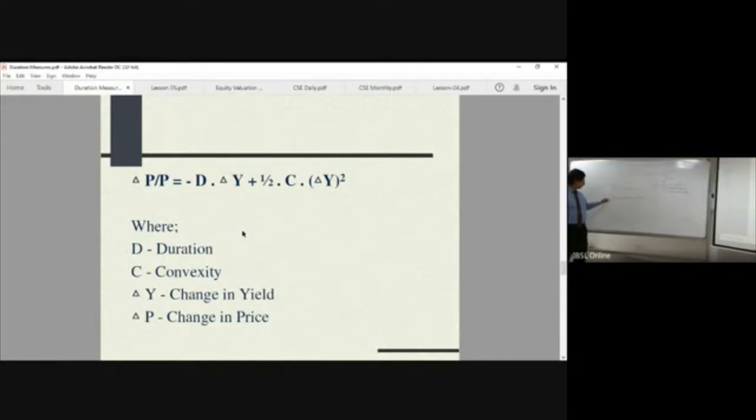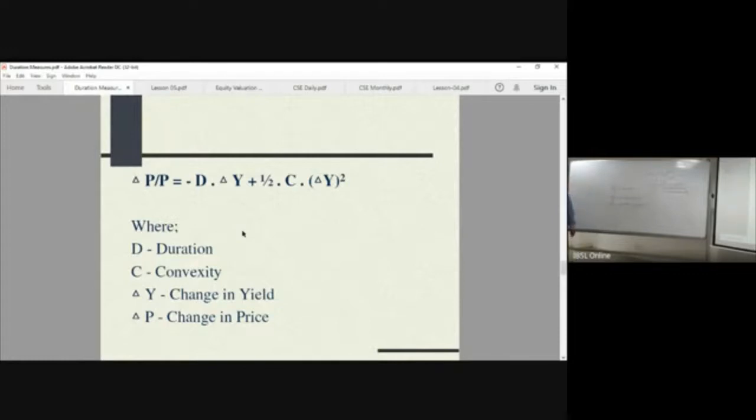Now, in order to have a simpler form, we will do this. Delta P is equal to minus D into delta Y into P, plus half into C into delta Y squared into P. This is the equation you can apply, because you have to multiply this with P. It's also to be multiplied with P. It's a cross multiplication.